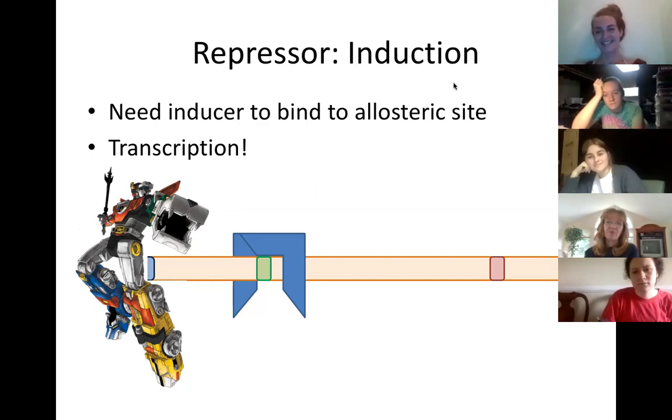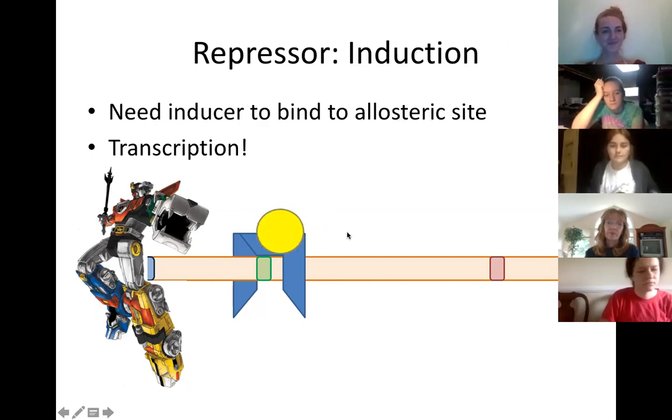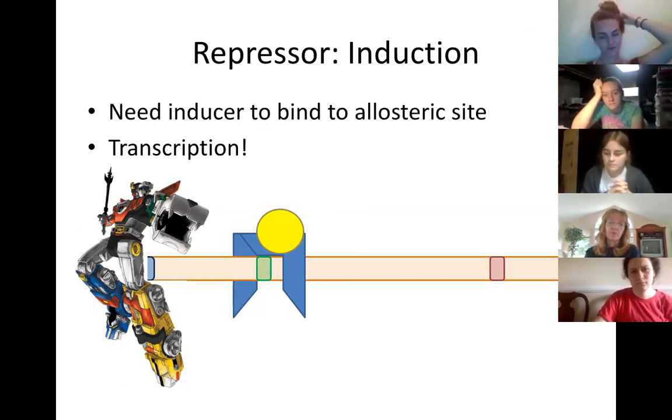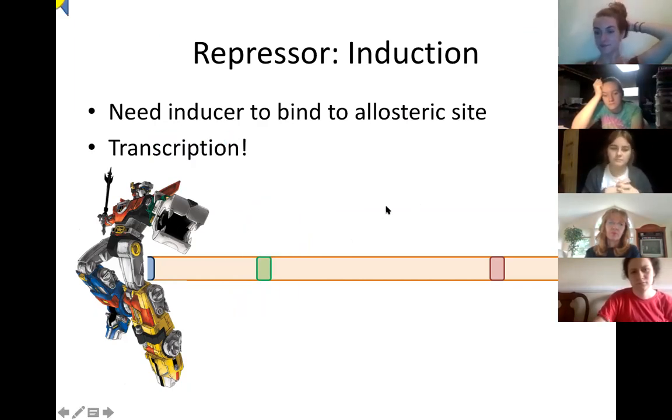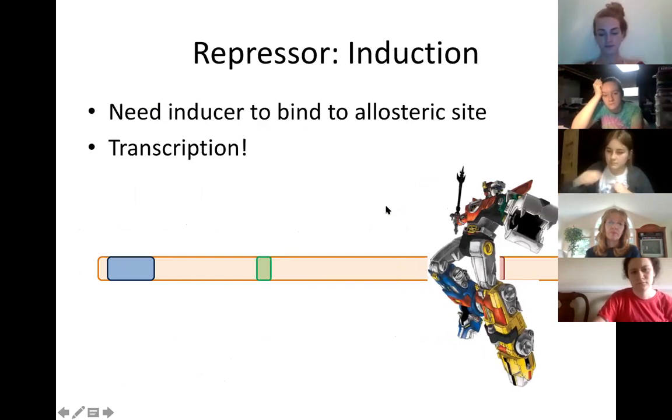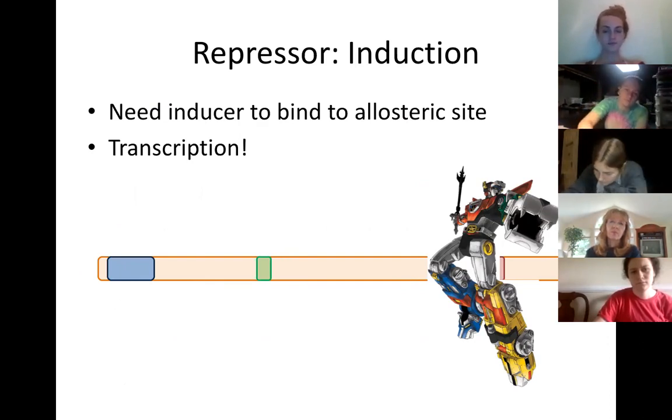So in this case, an inducer comes in and binds to that repressor. It causes a change in the shape of that repressor, and the repressor comes off, and then transcription can occur. We'll talk about specific examples in reference to the lac operon as to what the inducer is.